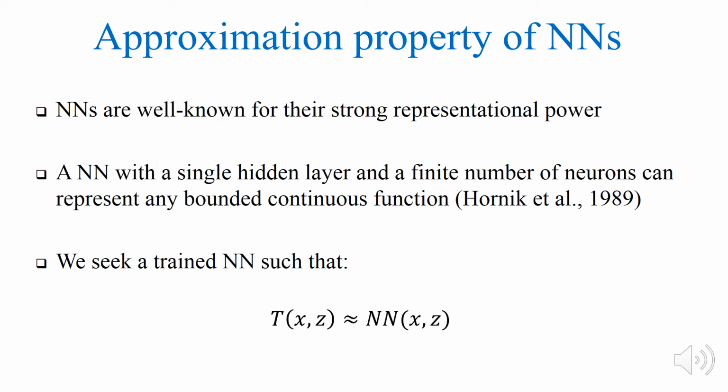However, this strong representational power of neural networks has been well known since the late 1980s. Therefore, what we are hoping for is to get to a trained neural network that, when we input the spatial coordinates x and z, gives us the travel time field T of x and z.